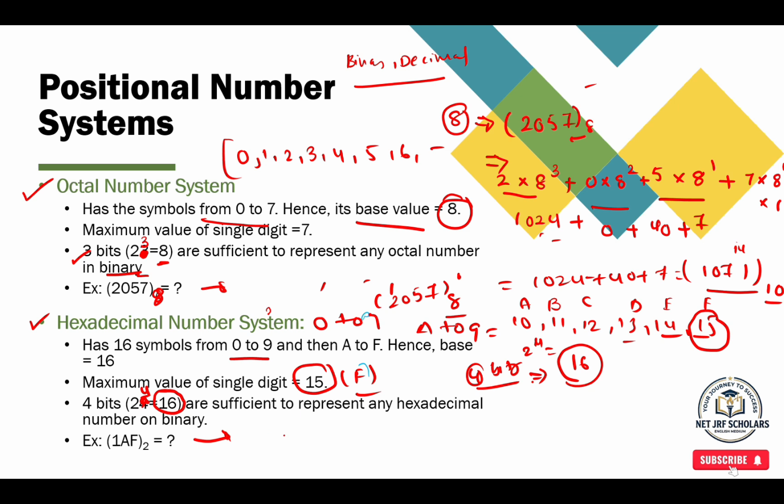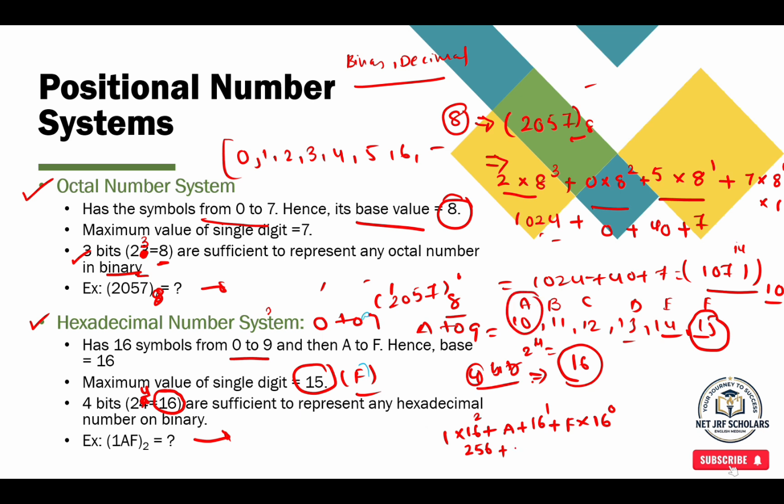Now we will try to convert this hexadecimal into the decimal. So we have to start from the right. So F into 16 to the power of 0, and A into 16 to the power of 1, plus 1 into 16 to the power of 2. So we have 256.